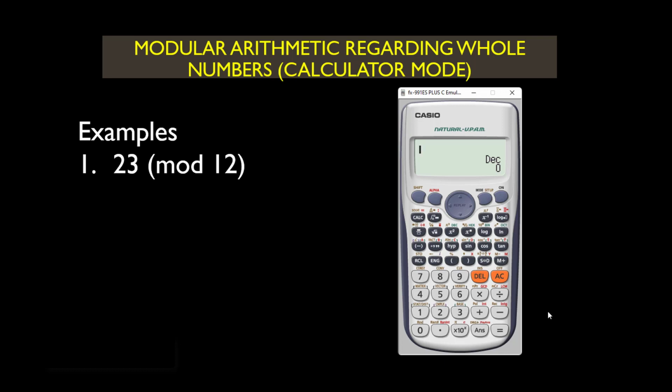How do I type it? You type 23 minus 23 divided by, then you look at the modulus, which is 12. You then type 12 times 12. What do you get? 11. So in other words, 23 mod 12 is simply equal to 11.